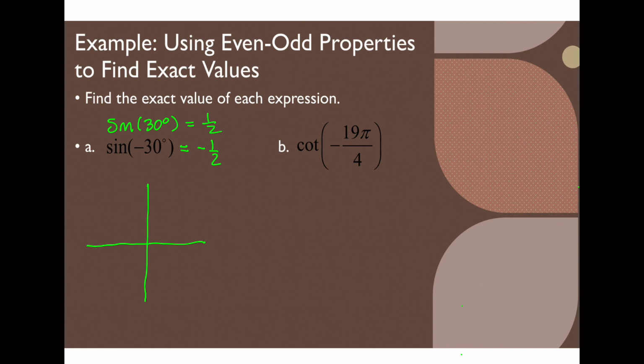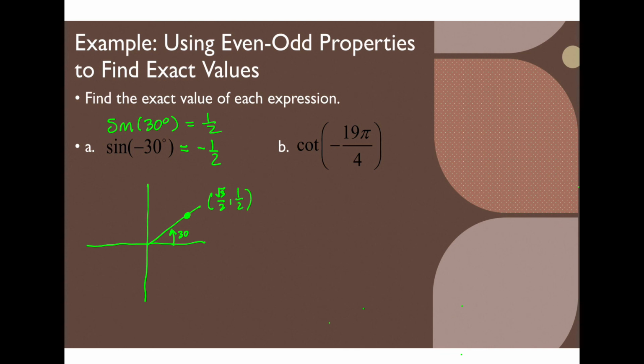Just visually, 30 degrees, that may not be exactly 30, but at any rate, we know that the cosine is root 3 over 2, and the sine is 1/2.